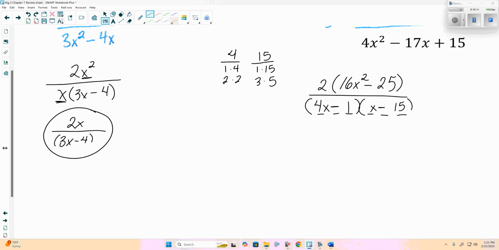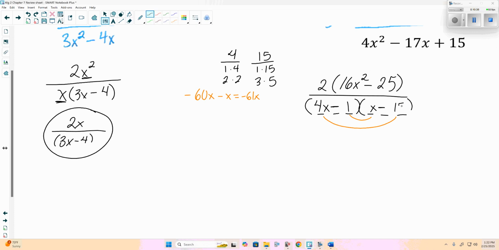And we can check this here. So 4x times negative 15 is going to be negative 60x. Negative 1 times x will be negative x, giving us negative 61x. Okay. So it's not quite the middle term, but we can switch the 1 and 15.